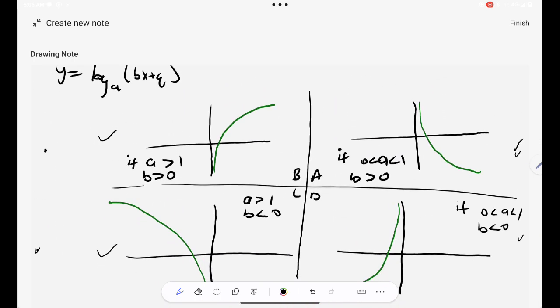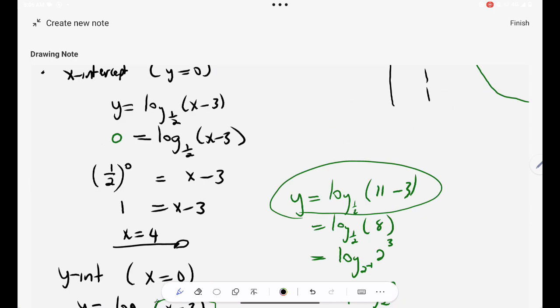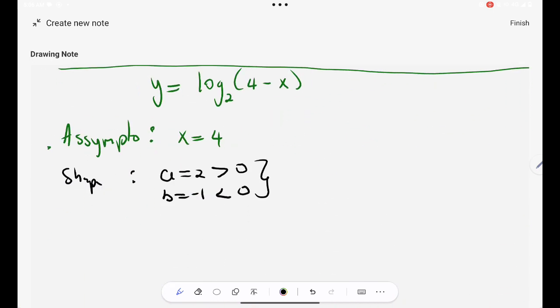A is greater than 1. That means my graph should be the one on quadrant B or C. But now B is negative. That means my graph should be the one that looks like the graph at C. Simply means that my graph will be at the left hand side of the asymptote.